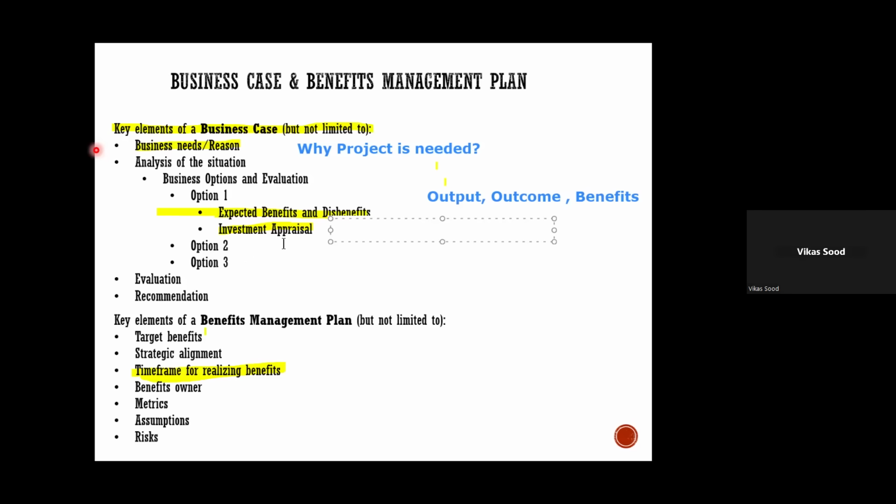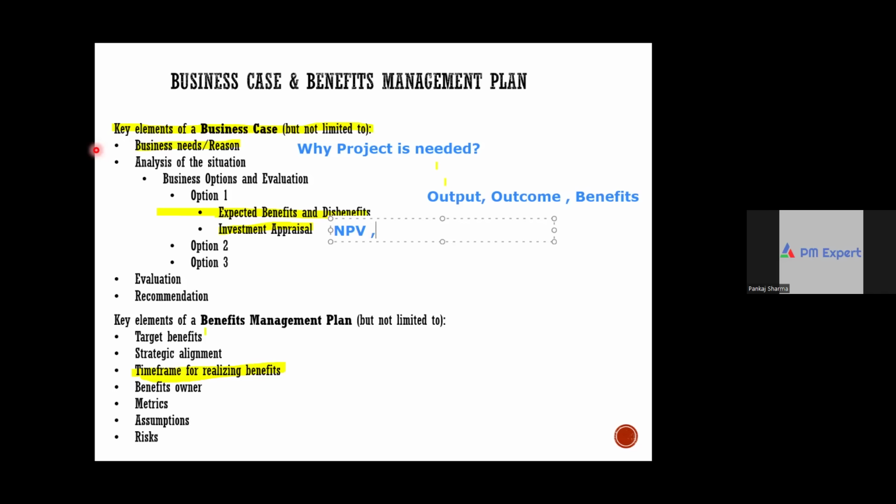Yes or no? Yes. Now, there is a method to check the expected profitability, because here you are thinking about future profitability. To arrive at future profitability, you use a method called NPV, or net present value. This is for those projects which are driven by commercial reasons.